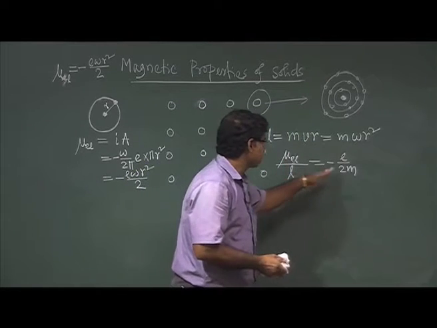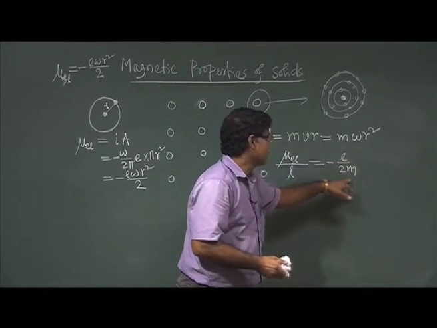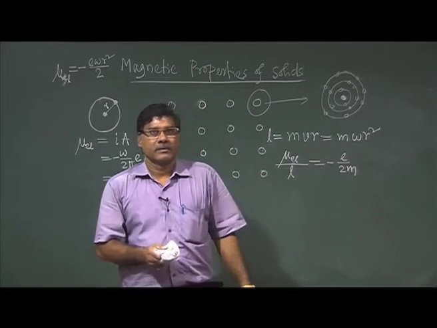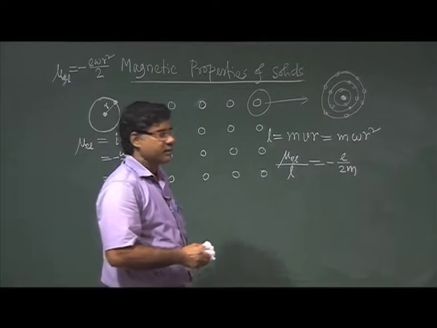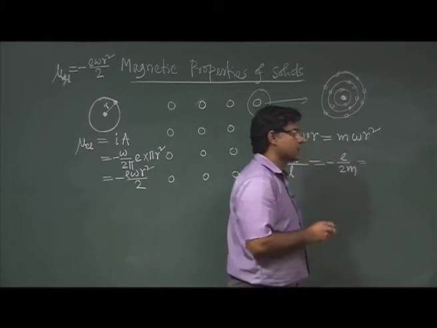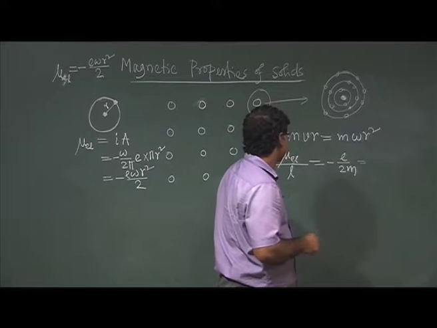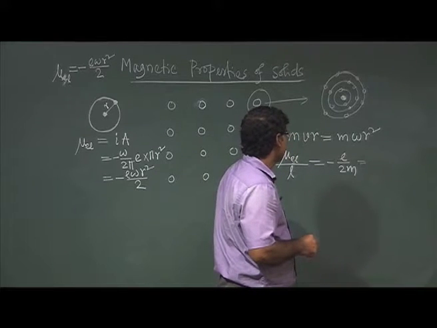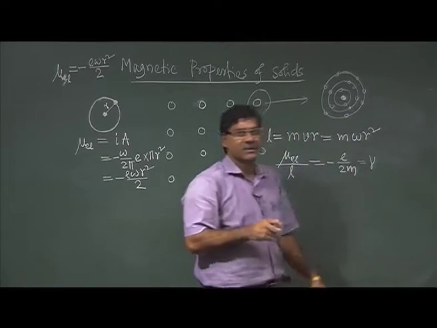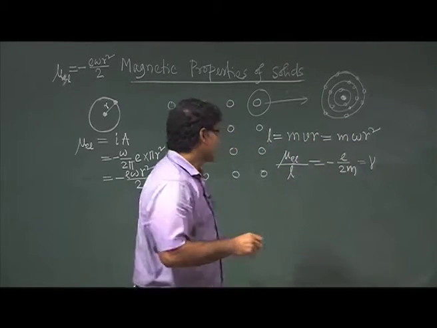This ratio is constant, you see: E by 2m, where E is the electronic charge and m is the mass of the electron. So these are constant, and sometimes we use gamma for this.